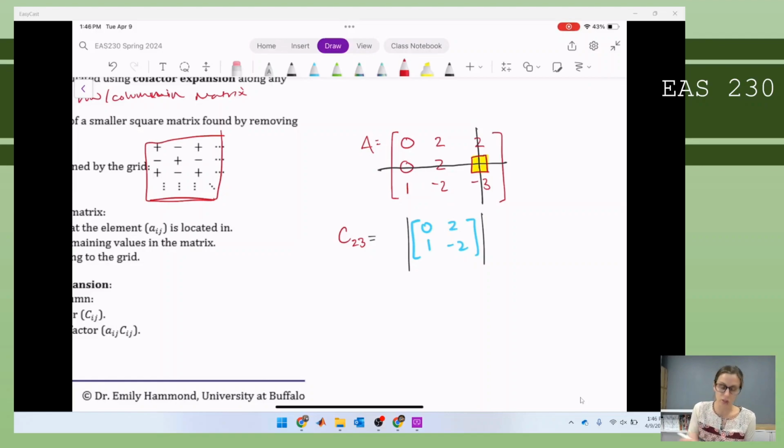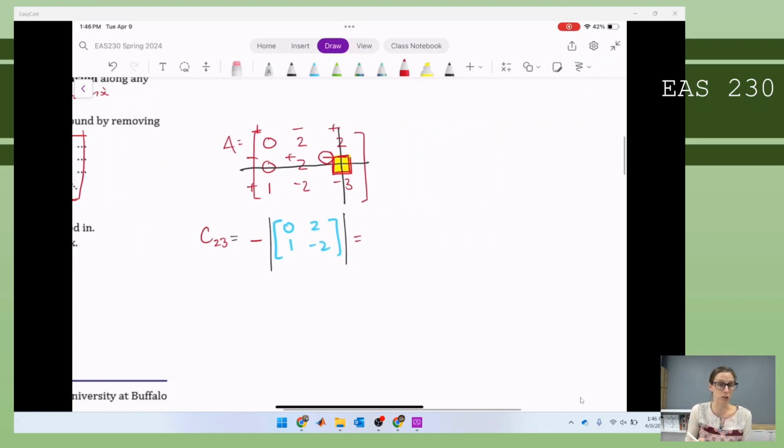The grid always starts, you don't have to have the grid written down on the side, with positive, negative, positive, and then it alternates going down and going over. If I get to this element here, that means I have a negative, so I change my sign. This is how I calculate the cofactor C23, the cofactor of the element in the second row, third column.